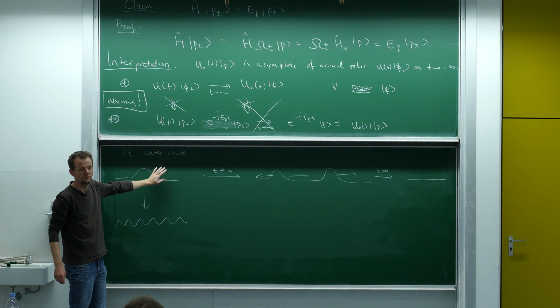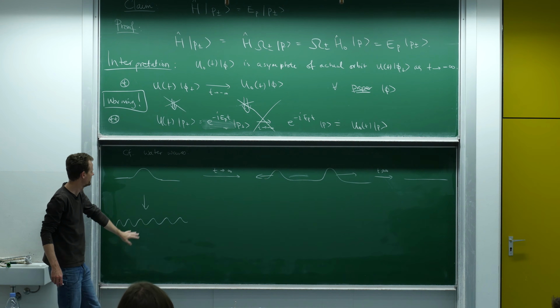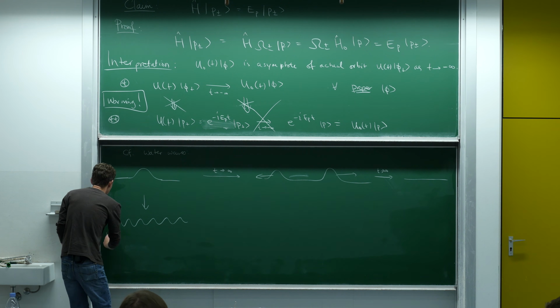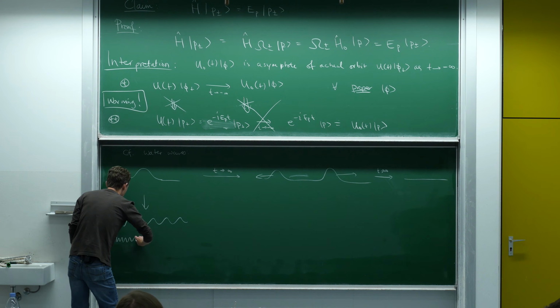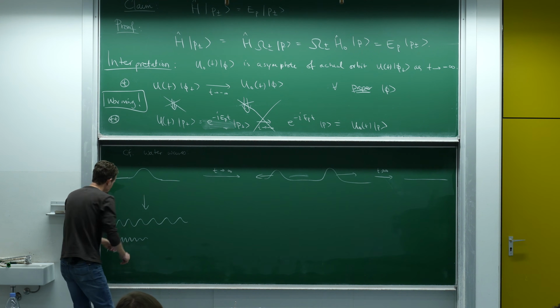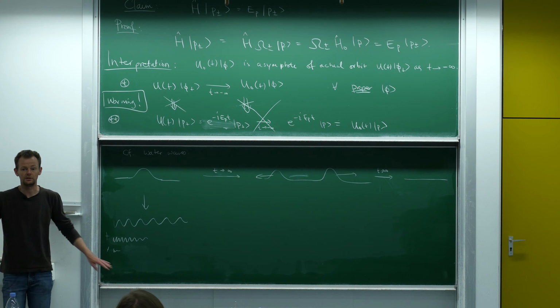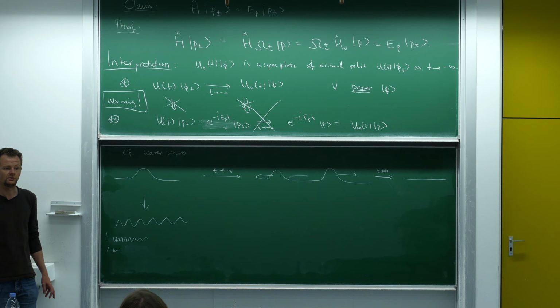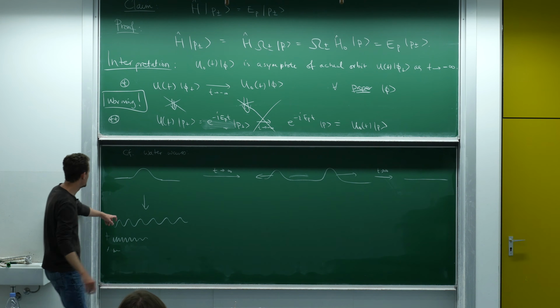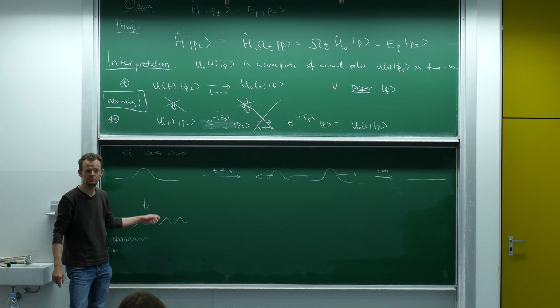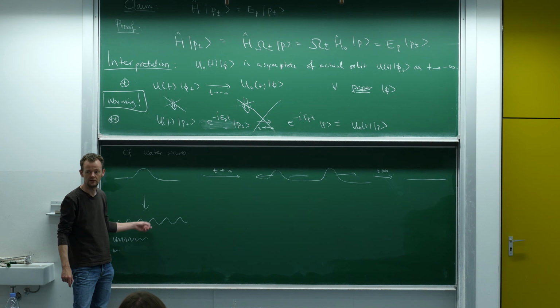There's no difference between thinking of a string or the surface of water. There's both the wave equation that they satisfy, and these Fourier waves, each of them individually, are infinitely extended, and they're solutions to the wave equation, meaning that they just acquire a phase as time passes, but they're still infinitely extended.